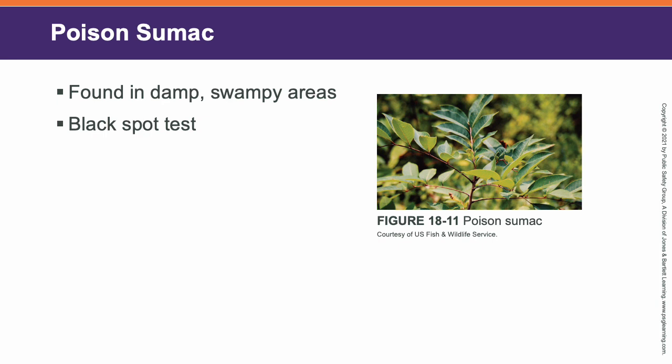All 3 of these plants you can identify by the black spot test. If you grab a leaf with gloves on, of course, and you squeeze the sap onto a white piece of paper, it will turn the piece of paper black. That's how you can test for these. So if it's in your yard and it's a plant you're not sure about, you can do it that way.